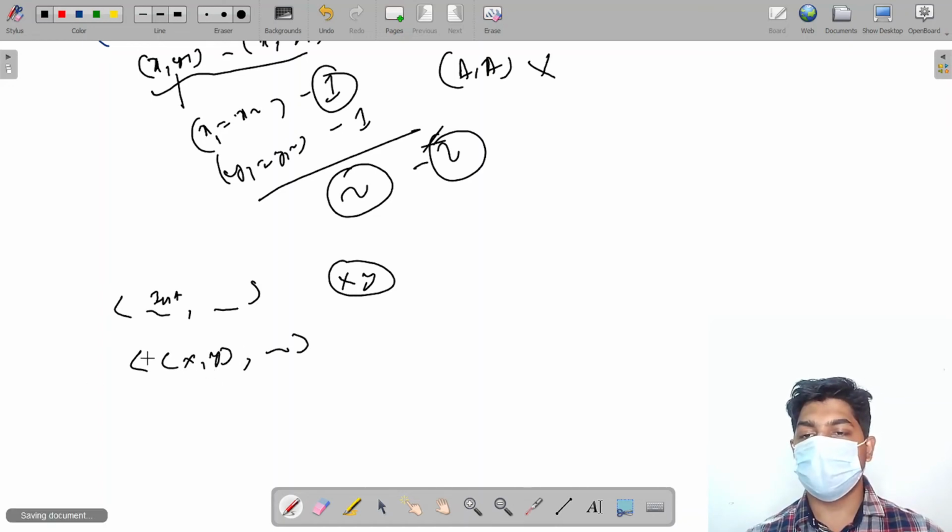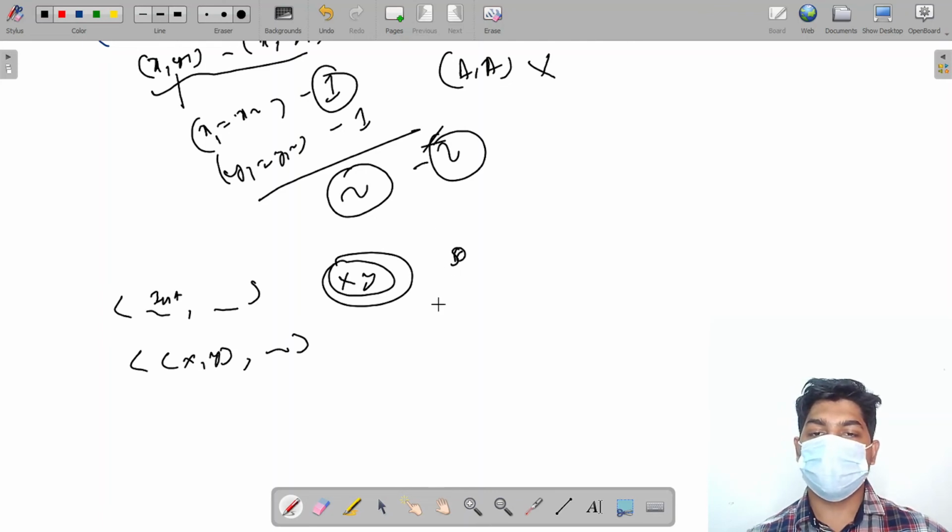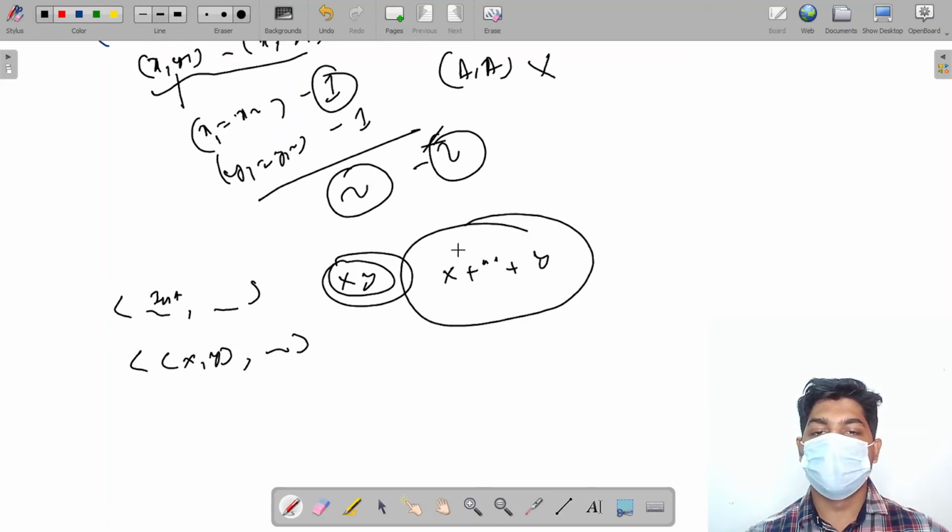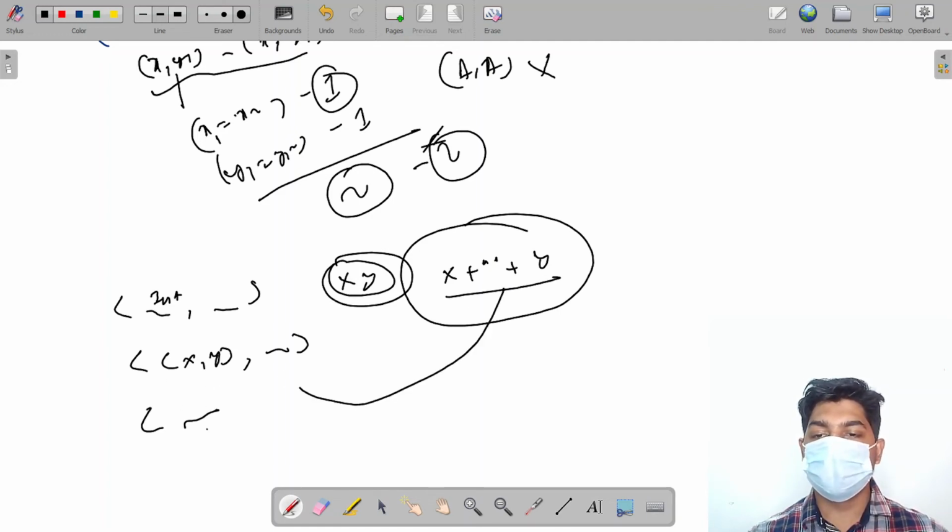This is not possible unless we write our own custom hash function. To avoid this, I am storing xy as a string. I will store it as x plus some empty space plus y, converted into a string. Now we can place it in the map, so it will be string comma integer value.